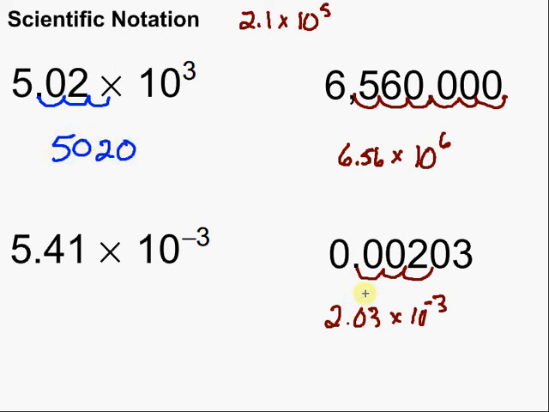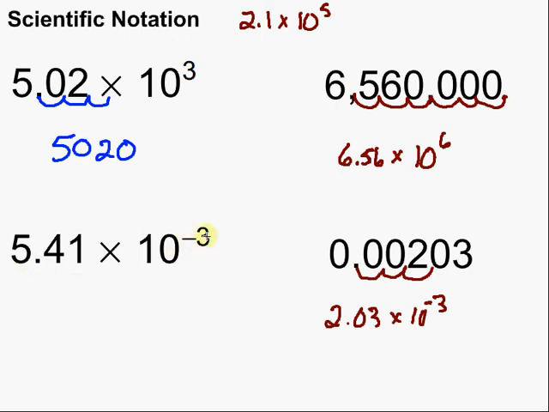So that number is 5,020 in standard form. Okay? This tells me how far to move it. If it's positive or negative, that tells me which direction. In this one, we've got 10 to the negative third. So what's that mean? Well, we're multiplying by a number that's less than 1. Remember, 10 to the negative third is a number less than 1. So we need to make this one smaller.